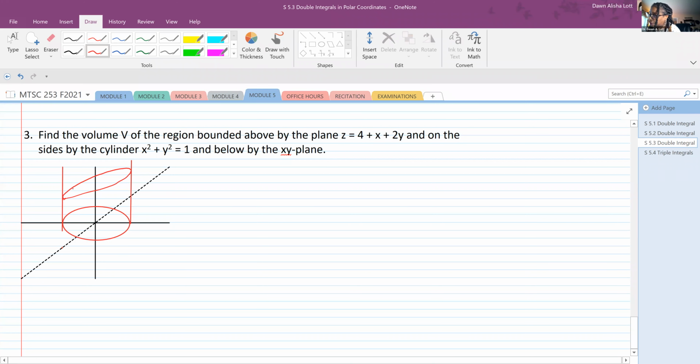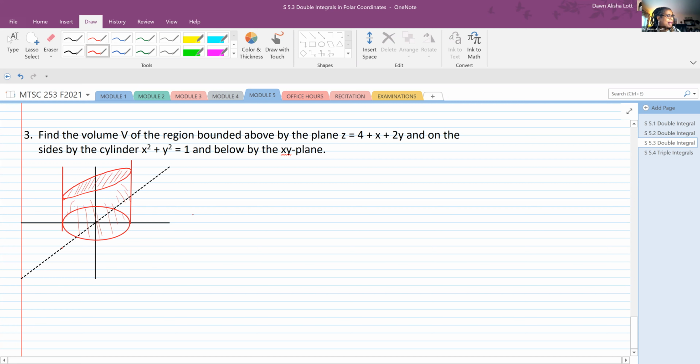There's a plane at the top. So I want the volume of that whole thing.